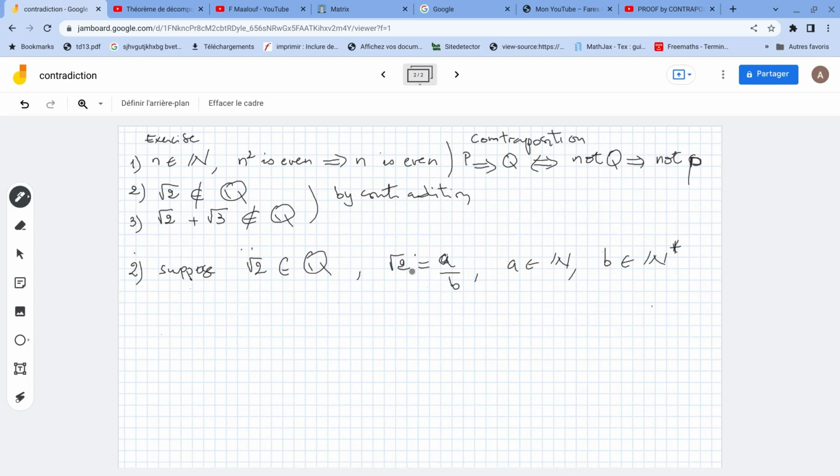And I suppose that the fraction is irreducible, that a and b have no divisor other than 1, which I can write as the greatest common divisor of a and b is 1.